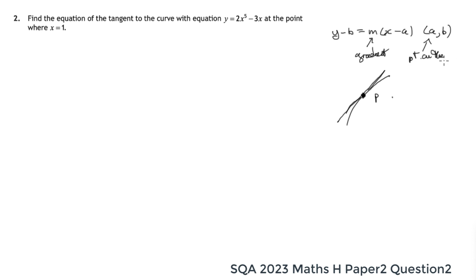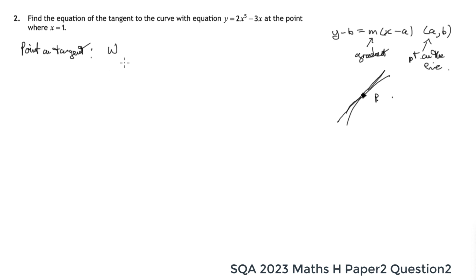So there's two things we have to find. We have to actually find the point that's on this tangent, and we have to find the gradient of that tangent. So point on tangent. Now we know the point that's on the tangent is also the point that's on this curve. There's its formula when x equals 1.